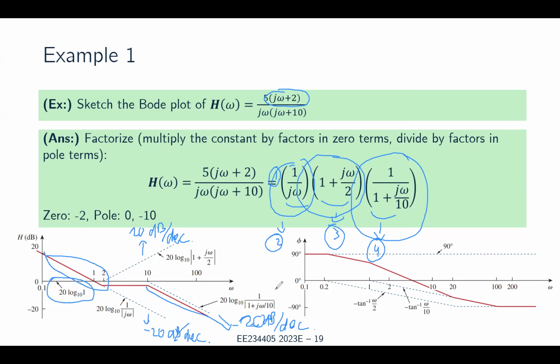So as the frequency goes up, the system produces a very small output, but if the frequency goes down, it produces high output, right? So that's how we can interpret the Bode plot.